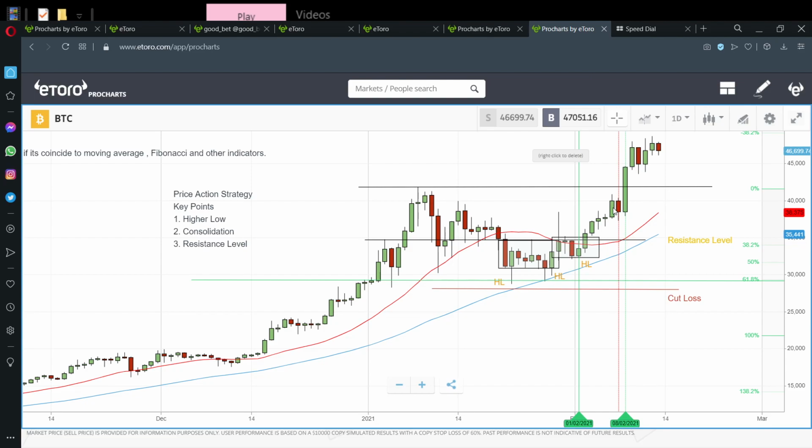I anticipated that if the next candle's price moves higher than the low of this candle, I will buy again, because it seems that the buyer is still aggressive. I bought my second trade here, and the following day, this candle, I bought again for my third and fourth trade.